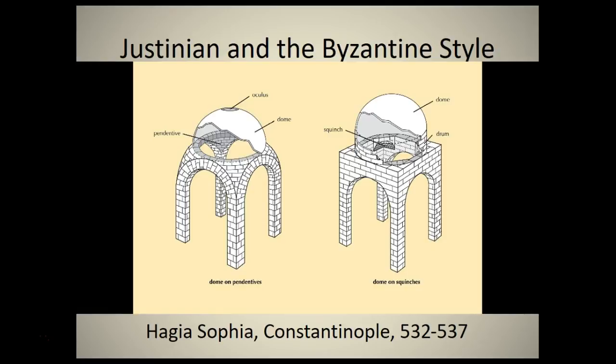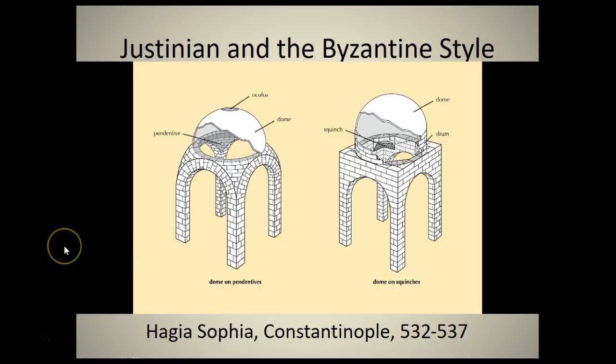And then here is a diagram showing you pendentives and another architectural feature used to transition a dome over a square space, which is called a squinch. In a sense, this is an evolution: we have the dome on pendentives versus the dome on squinches.